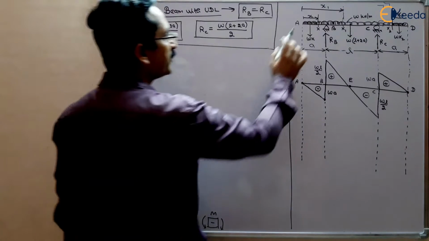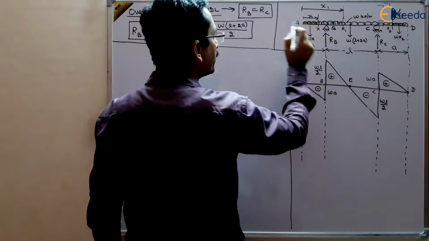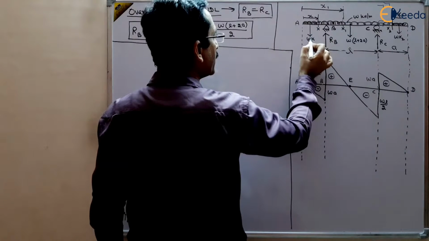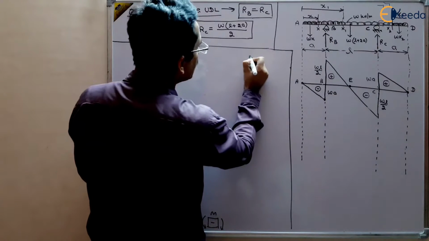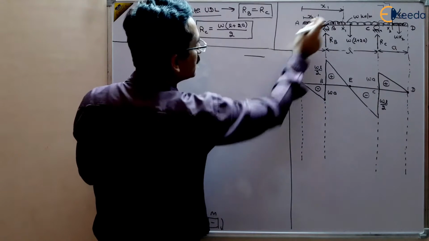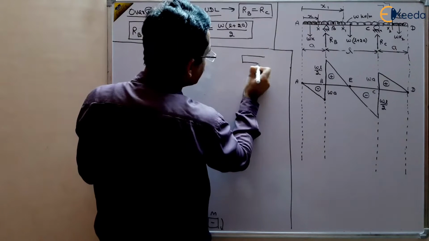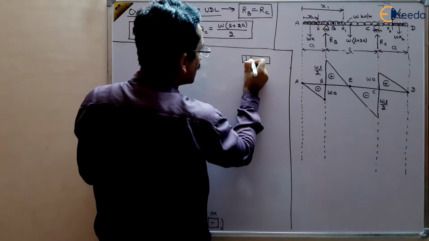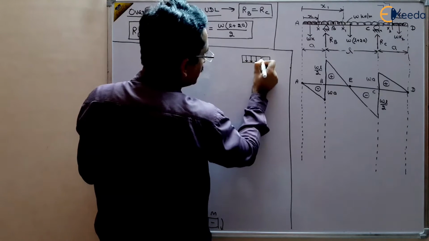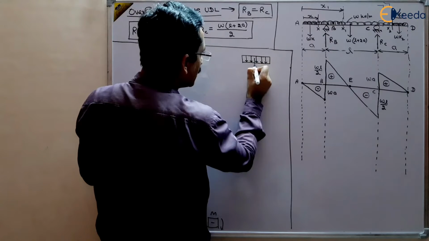So first, between A and B, take the cross section. This is X at a distance x from the free end A, and then find out the moment of this force about X. So we have taken this part AX, small part AX, and this is in downward direction.